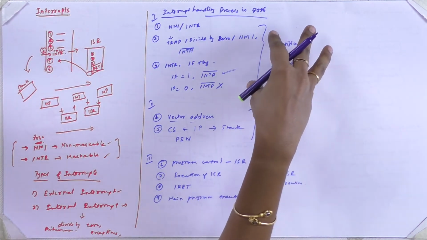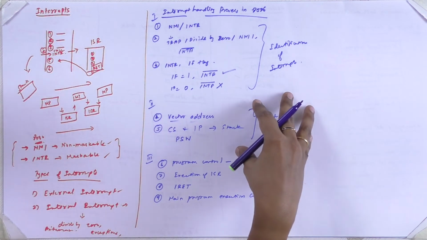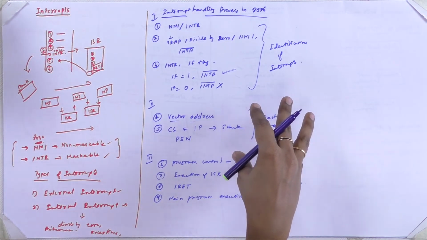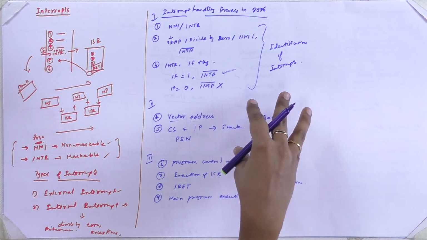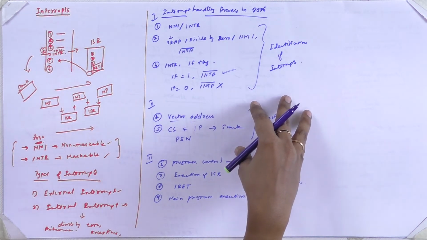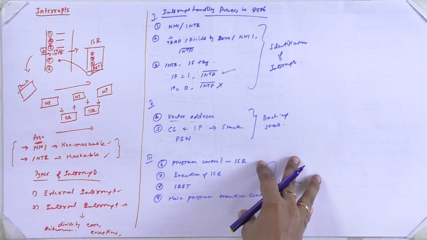The first sequence is identification of interrupts. The second sequence is the backup of register content values, that is CS and IP values along with the program status word, into the stack, and the vector address is calculated. In the third sequence, based on the vector address calculated, the program control is shifted to the corresponding address and the corresponding ISR is executed from that location.